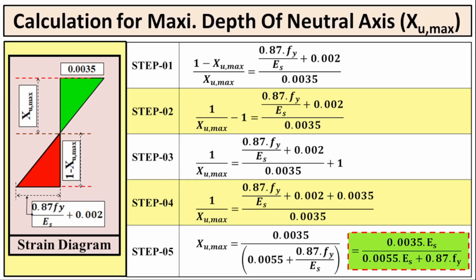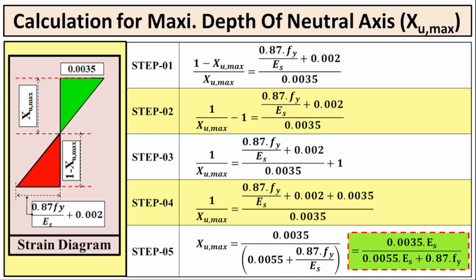If we consider the total vertical length to be 1 unit, and the vertical length of the green triangle is XU max, then the vertical length of the red triangle is 1 minus XU max. The base of the red triangle represents the maximum strain in the steel reinforcement, given by 0.87 times Fy, divided by Es, plus 0.002.